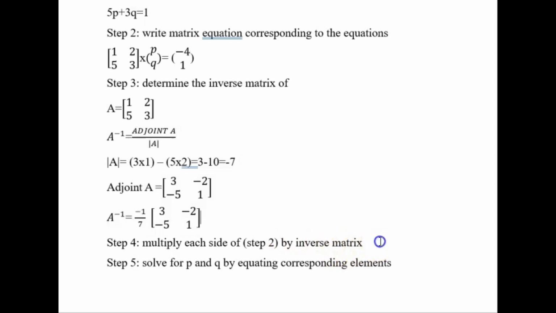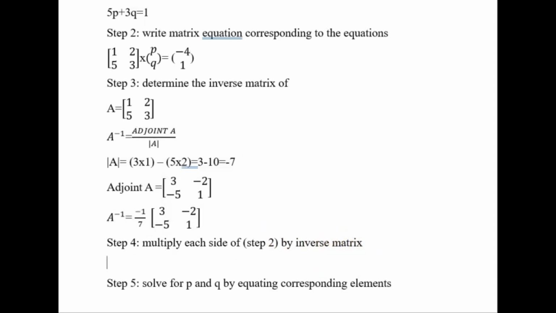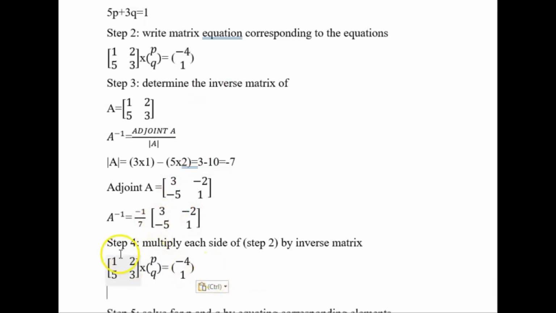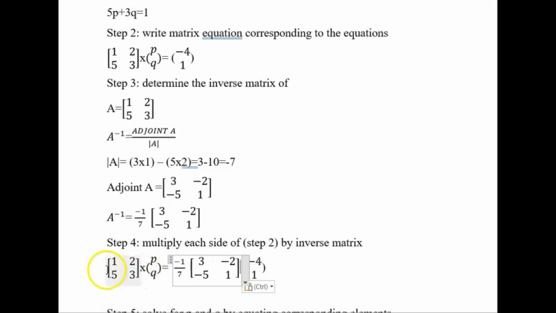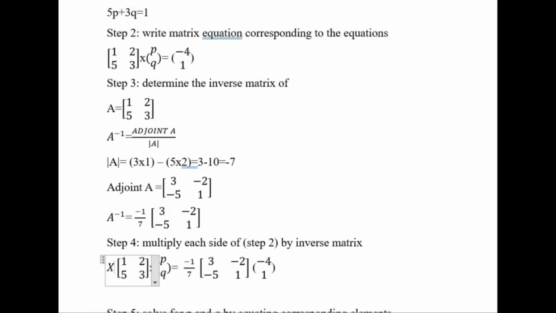Then step 4, you multiply each side of step 2 by the inverse matrix. This is step 2. So you multiply this side with the inverse matrix, the other side also with the inverse matrix.